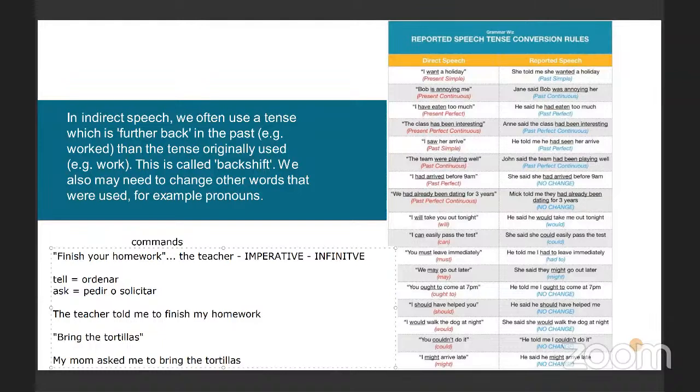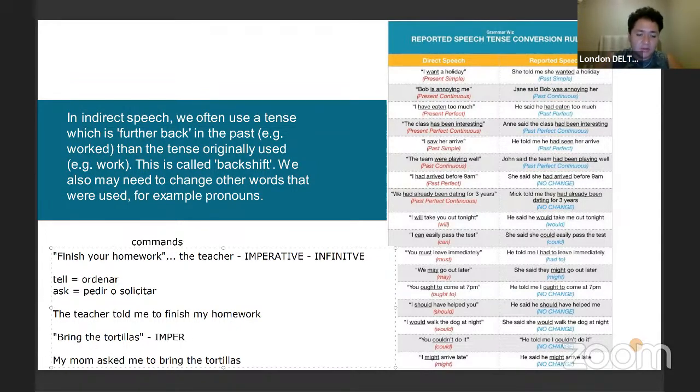Teacher, pero el verbo bring no va en pasado. Sería pasado, pero si fuera presente, pero esta oración no está en presente. Esto está en imperativo, es una orden. Oh, ok. Por eso aquí decimos, mi mamá me pidió que trajera las tortillas. Entonces, en este caso, no hay cambio de tiempo, sino solamente se le añade to. In this case, imperative, imperativo, es decir, las órdenes cambian a infinitive, infinitivo.